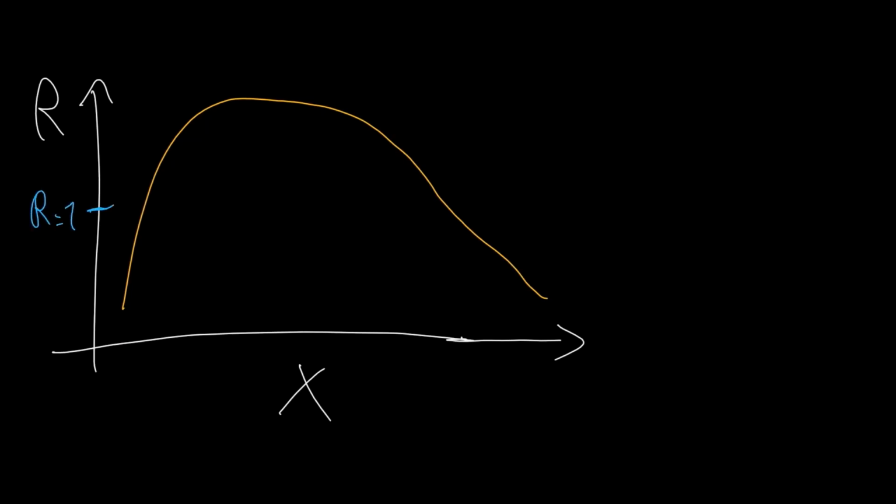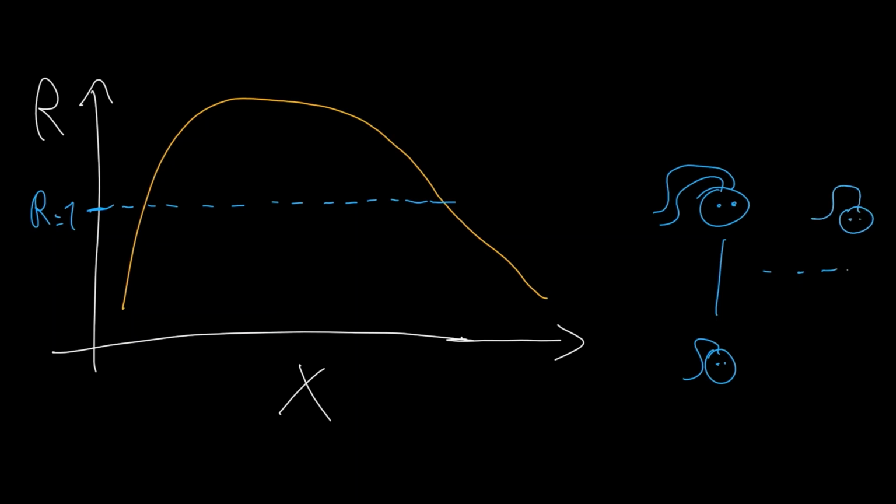Now, at r equals 1, the population simply reproduces itself. So every adult would produce one single offspring on average. So this means that the whole population will just replicate.